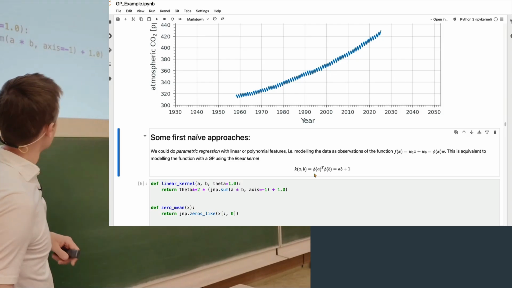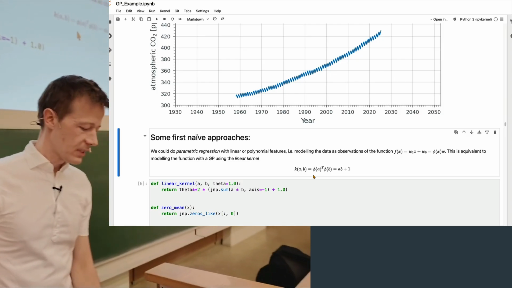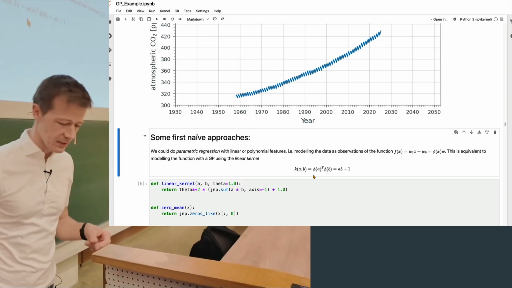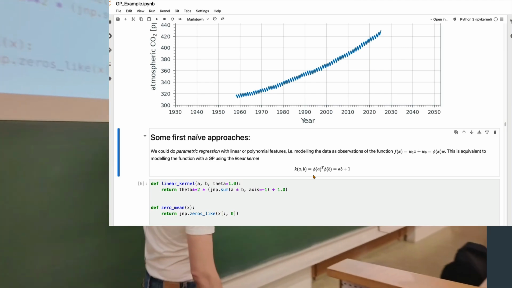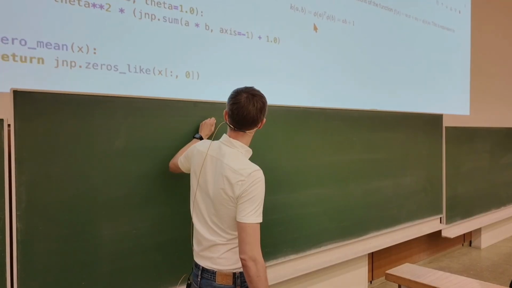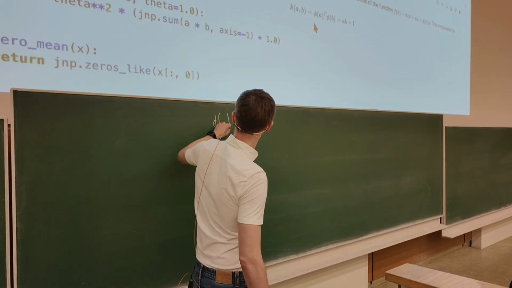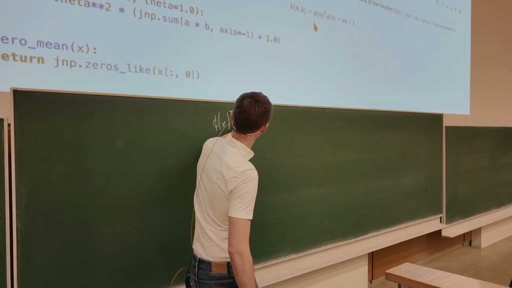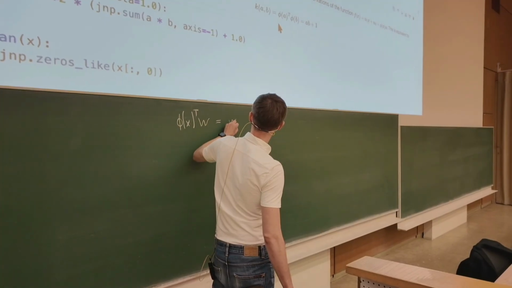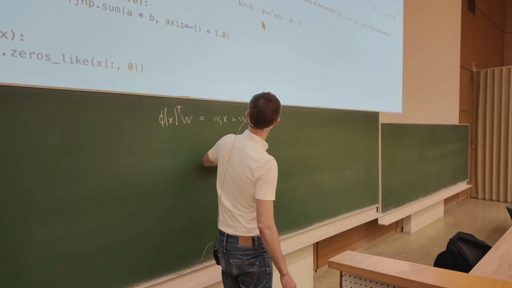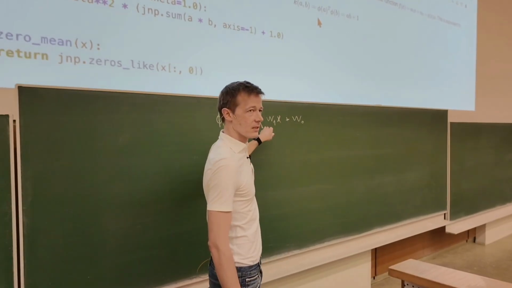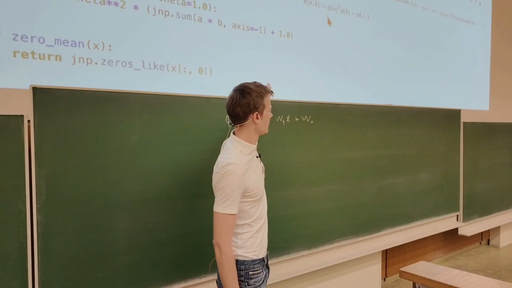OK, good. So you'll remember that we introduced linear regression with this simple setup of saying, let's build a function phi of x transpose w is w1 times x plus w0, right? Intercept plus gain.